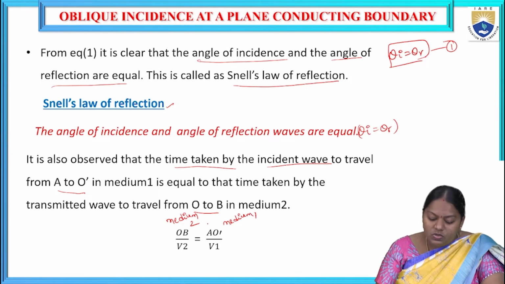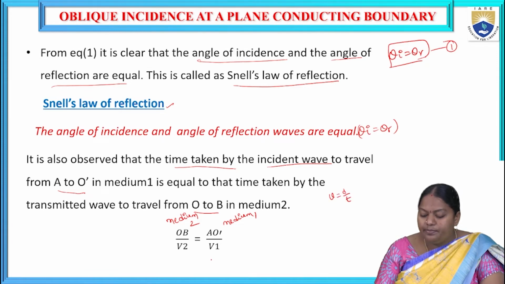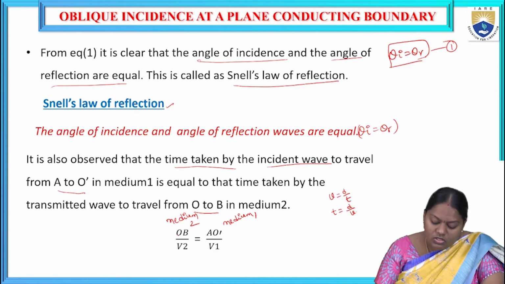If the times are the same, then according to the formula velocity equals distance by time, the velocities are the same, the distances are the same, and the time taken to travel is also the same. Depending upon that, we write t equal to distance by velocity. The distance for the transmitted wave in medium 2 is O to B and the velocity in medium 2 is V2.